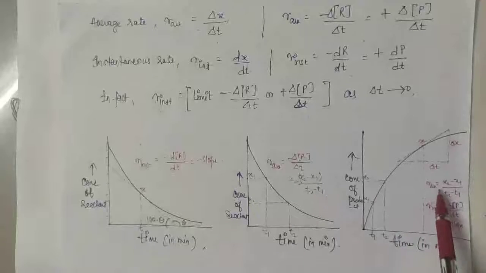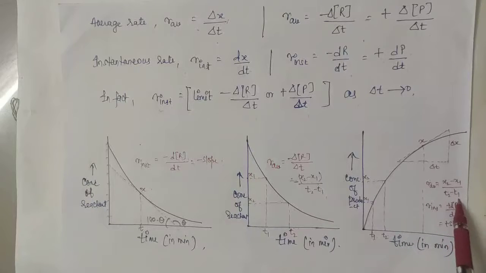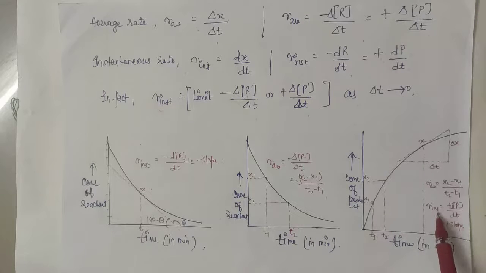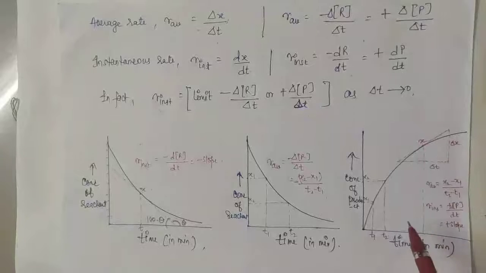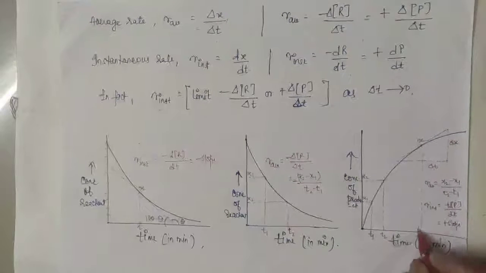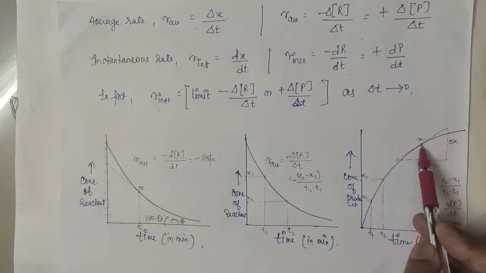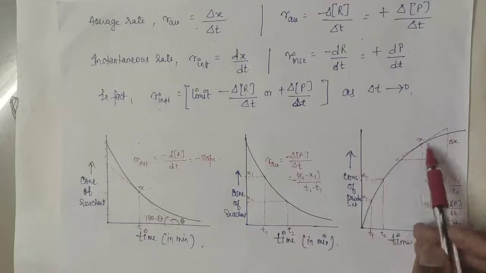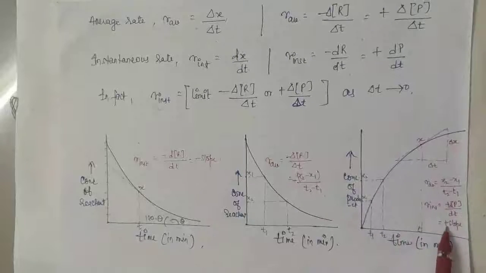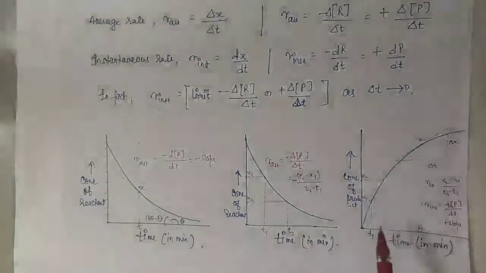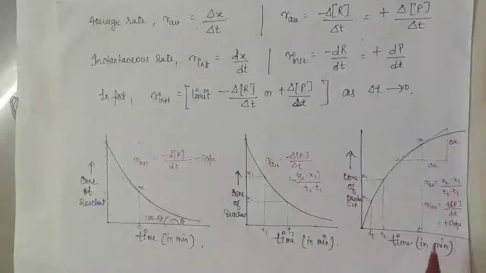So the average rate will be x2 minus x1 upon t2 minus t1. Again, for instantaneous rate, we have to draw a tangent at a particular time. Suppose at time t, the concentration is x. At point x, we will draw a tangent and then extend it and find the slope of this tangent line. This will give the instantaneous rate.